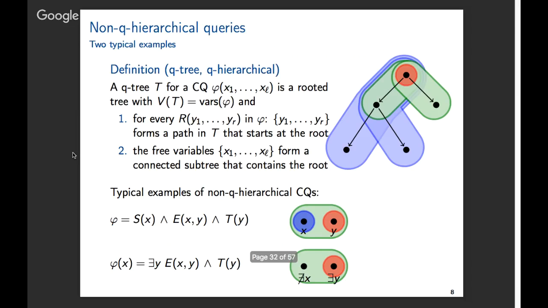And the other query is also very simple. It has this hierarchical form, but the quantifiers are not at the correct place. So we have an existential quantifier here at the root, but the vertex below is not existentially quantified. And now I want to give some ideas why the second query, where the existential quantifier is at the wrong place, is hard for counting and enumeration.